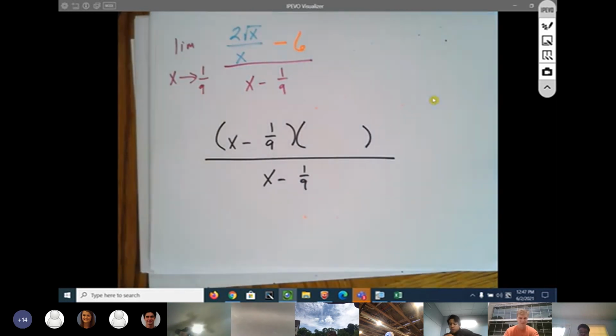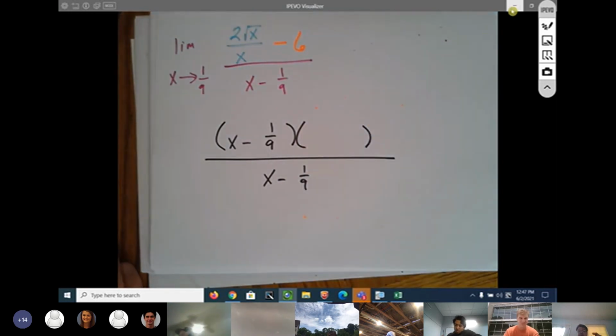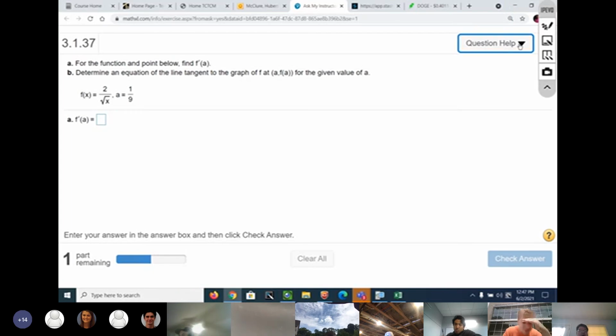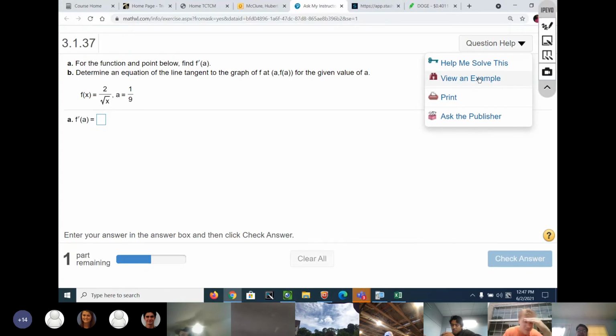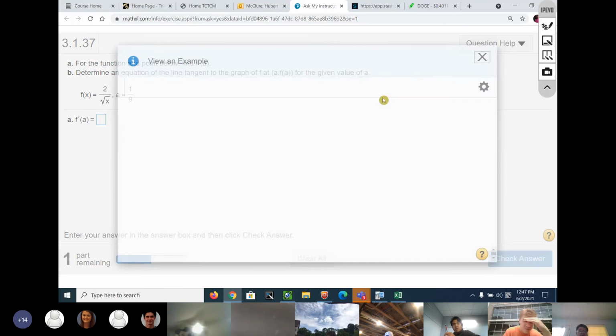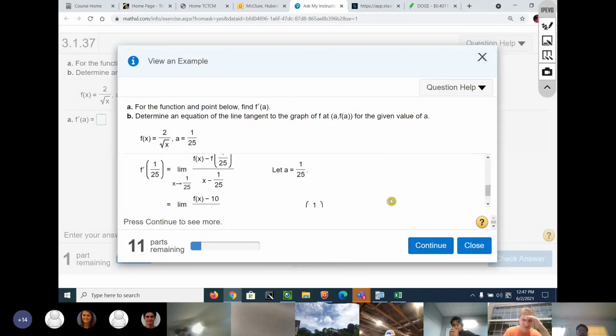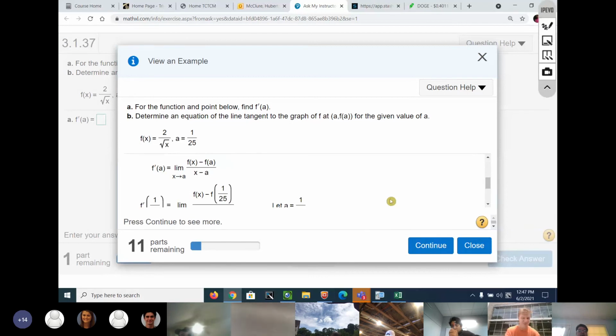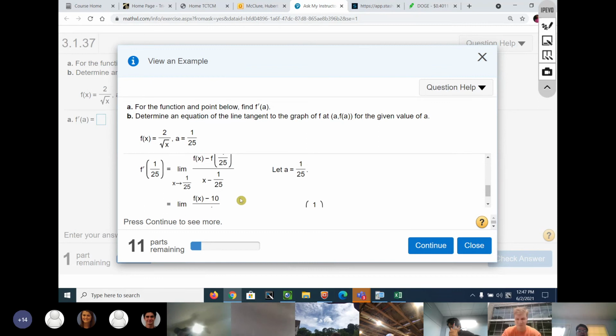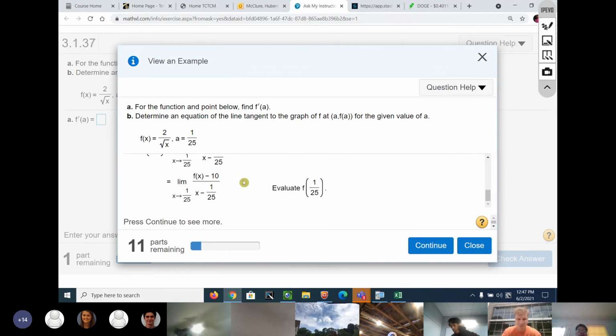I have no idea. I'm going to have to look and see what they did. They are not playing games here with this question. That's what we got right there, except we're using 1/9, and they used 125. So they plugged that in. I'm just looking to see how they factored it.